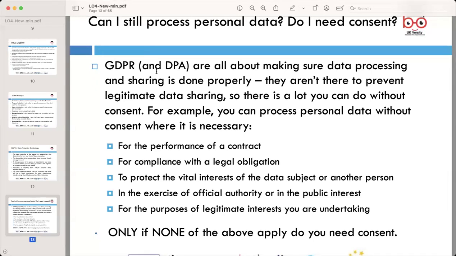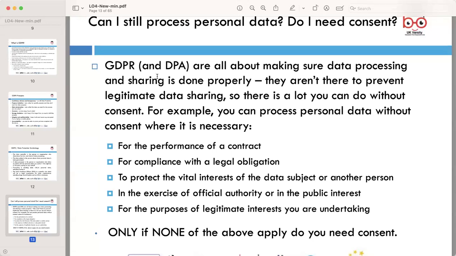It's easy to read. Okay, so processing personal data under GDPR and the Data Protection Act, the primary focus is on ensuring proper and lawful data processing and sharing rather than preventing legitimate data sharing. Consent is not always required for processing personal data. Several situations allow processing without explicit consent.